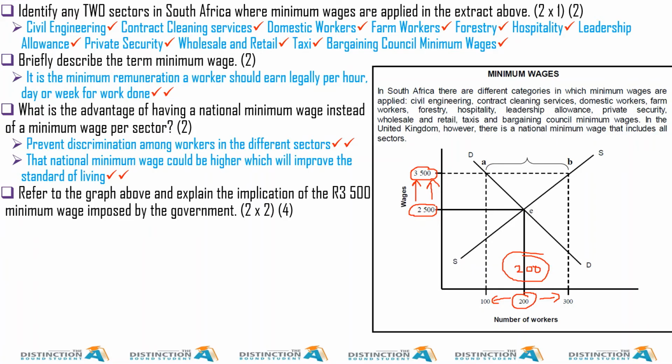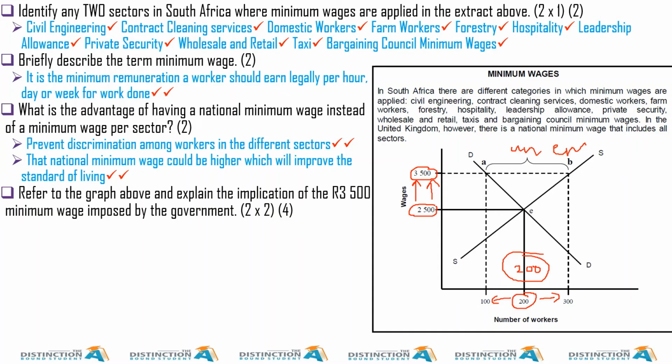Right, refer to the graph above and explain the implementation of the 3,500 minimum wage. And I think I've done that already when I was saying increasing from 2,500 to 3,500 is going to cause unemployment here of 200, because initially 200 was what demand and supply says, and there was equilibrium there. 200 people want to work, 200 employers are willing to employ.